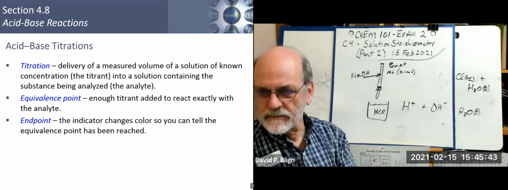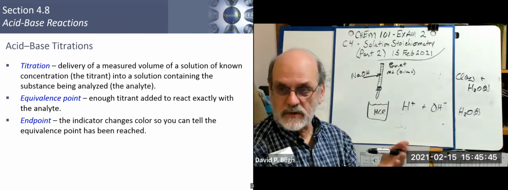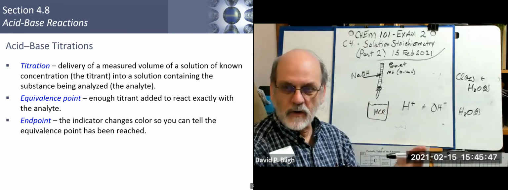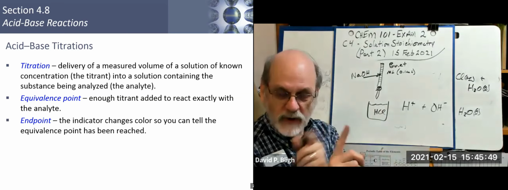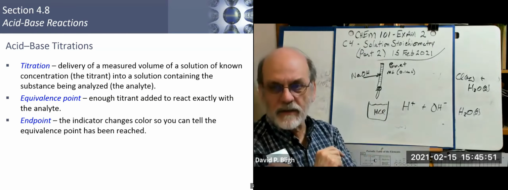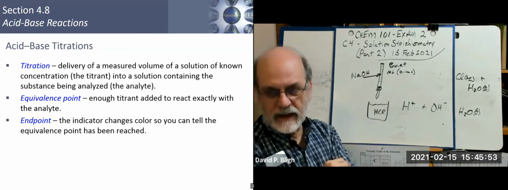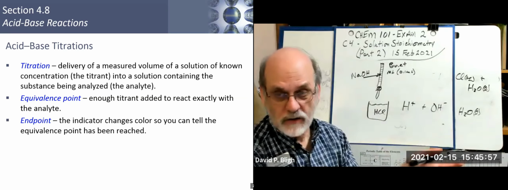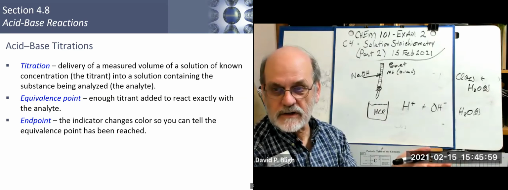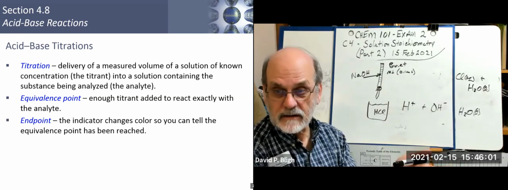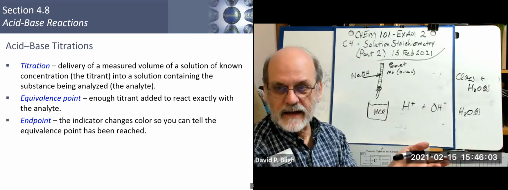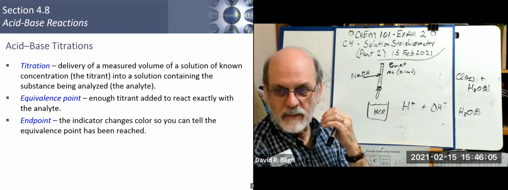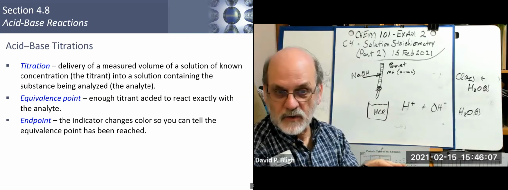So in the laboratories we would do in our class, where we need to see the endpoint, we generally use phenolphthalein. It'll be clear, no color, if the solution is acidic, and it'll go pink when it reaches the endpoint.